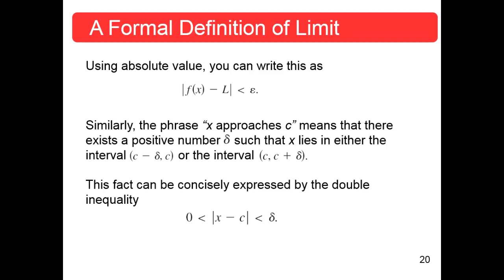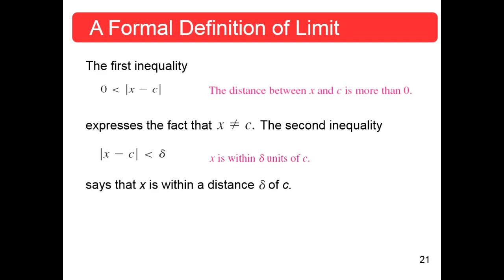Here's a double inequality. They're doing this one first, and then they'll talk about this one. The first inequality, 0 less than the absolute value of x minus c, says the distance between x and c is more than 0. That means x can't equal c.